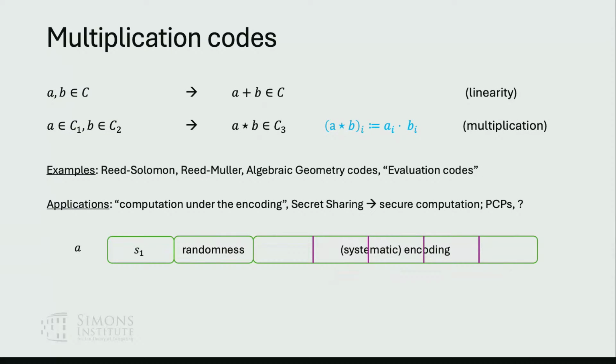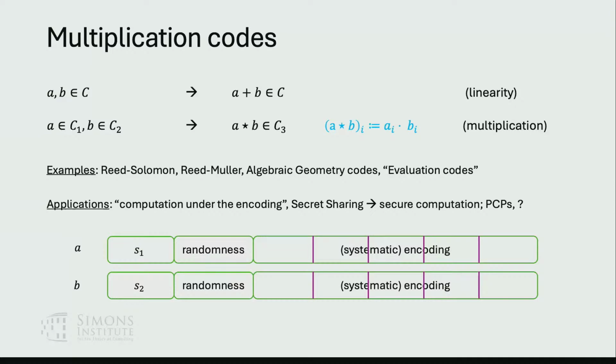Now, if you have two secrets, suppose you want to compute something on them. Suppose S1 and S2 are indicators of a set, so S1 is some 0-1 string and S2 is some other 0-1 string. You do this secret sharing for each one of them, and now each server gets two parts.